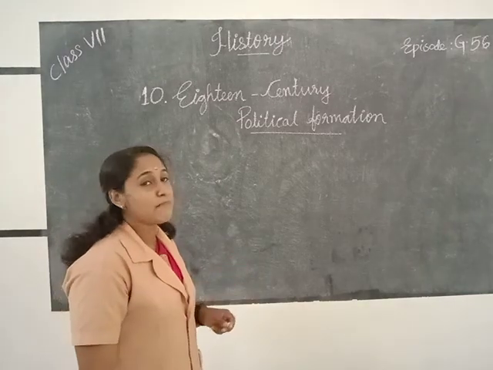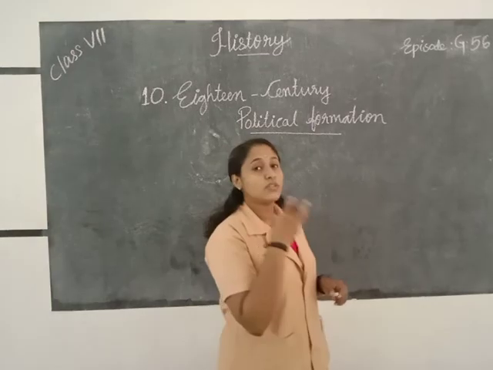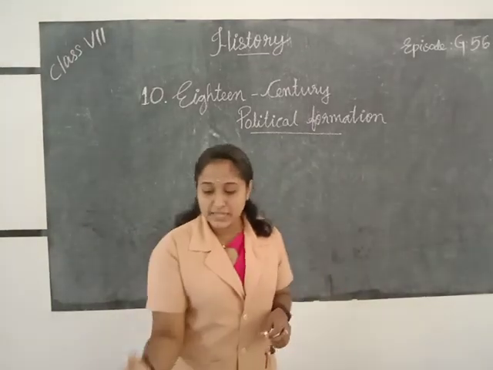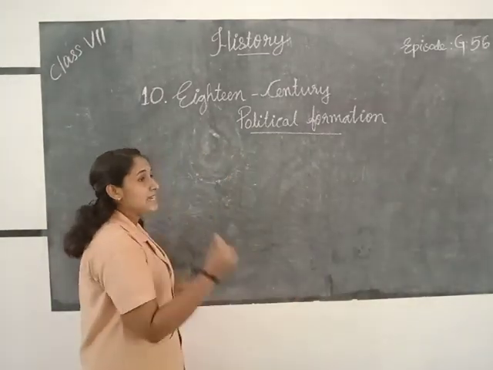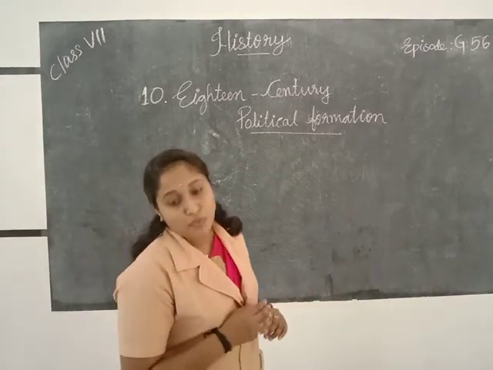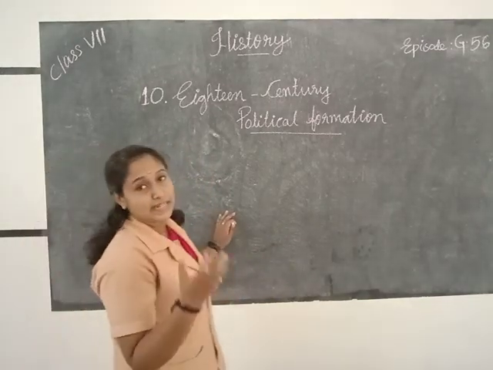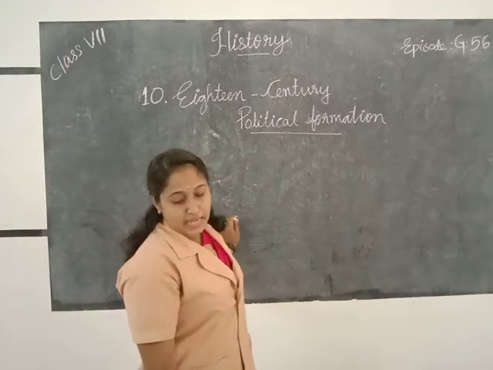Actually the map shows that the power over some cities or some major parts of the Indian subcontinent is completely lost. The Mughals completely lost their power. Because of what? The emergence of new independent kingdoms.